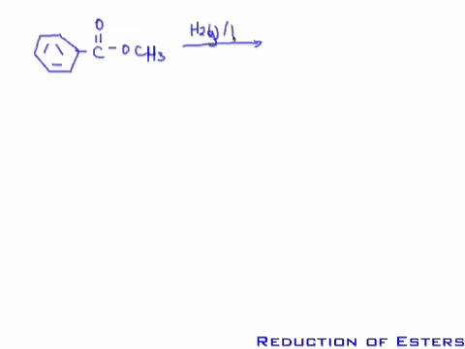I can take a molecule of methyl benzoate and react it. And so I could use, for example, H2 gas in the presence of platinum. Or I could use H2 gas in the presence of copper, Cr2O4.